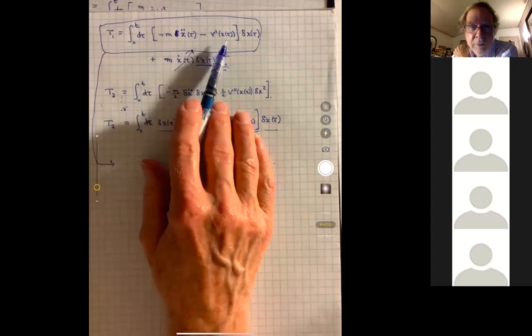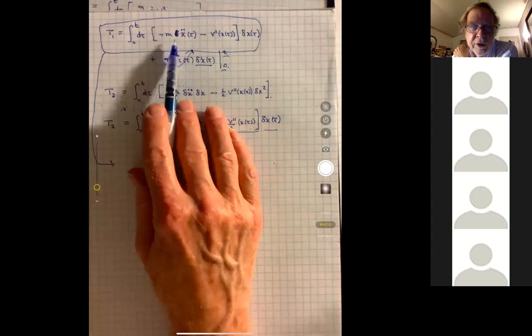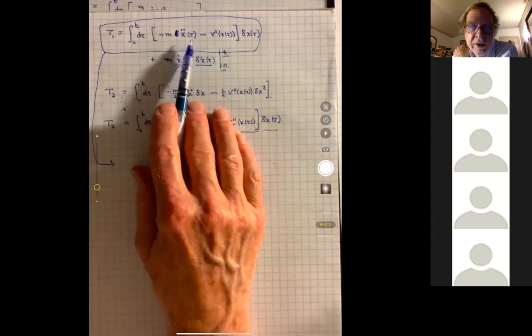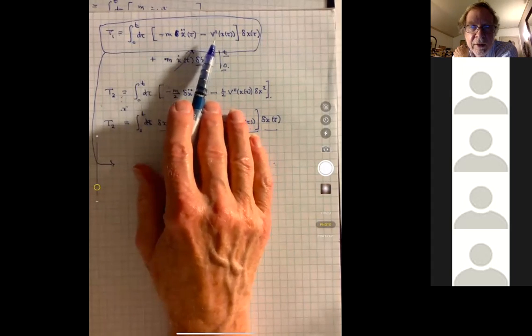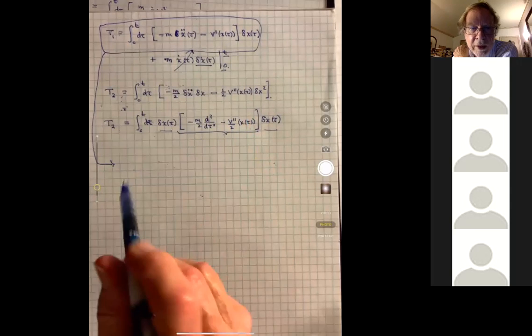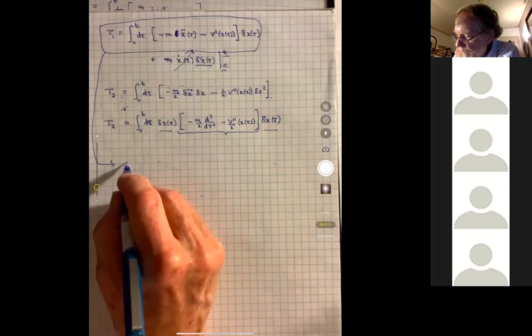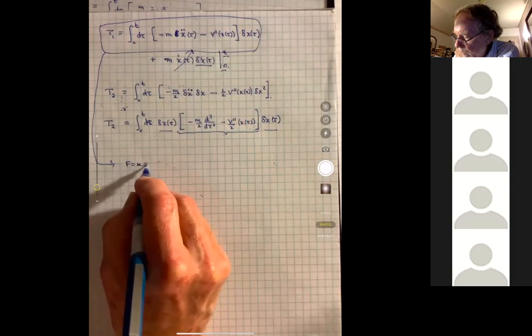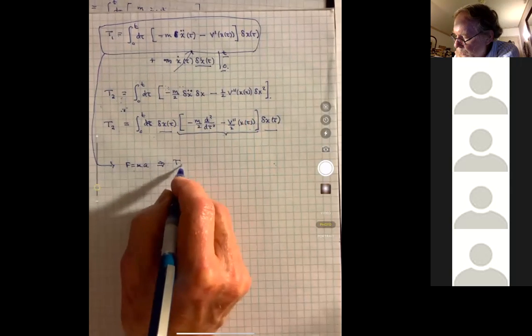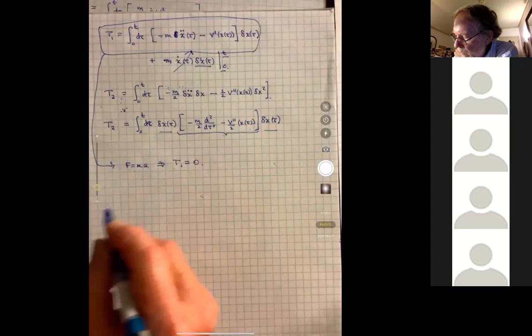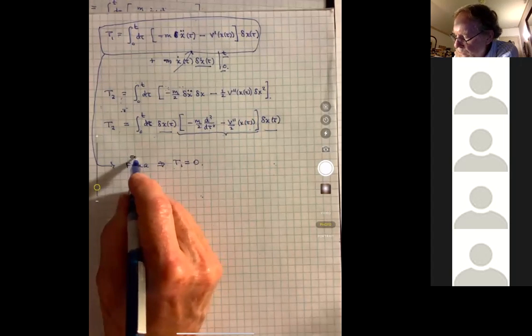If this bracket vanishes, then ma, which is of course the mass times the acceleration, is minus V prime of x. Well, that's the force. So what we can say is that F equals ma implies that the term T1 vanishes. This means on the orbit x of tau.